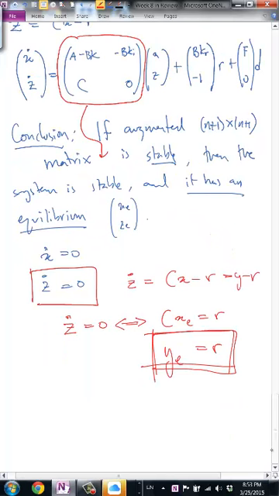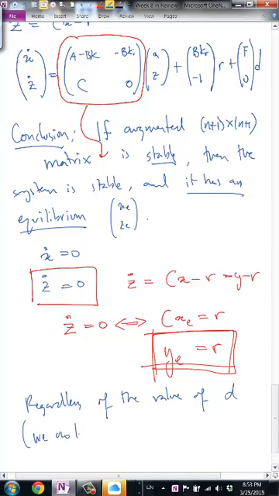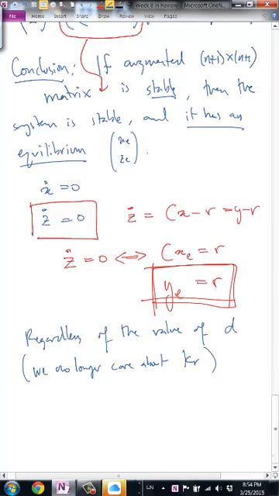So that means that with the augmented state, regardless of the value of d, and note that we no longer care about our feed-forward filter, KR, which is interesting, Y will converge to R as long as the augmented system is stable.